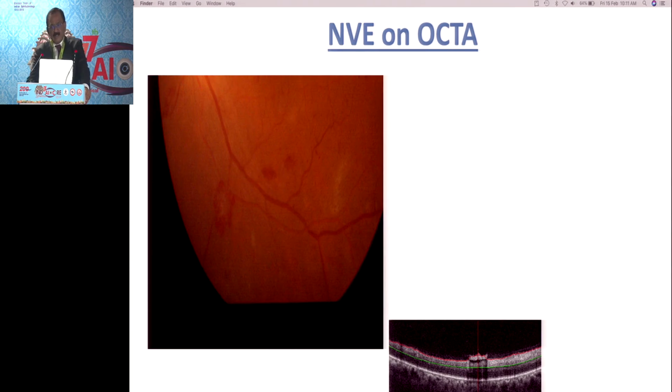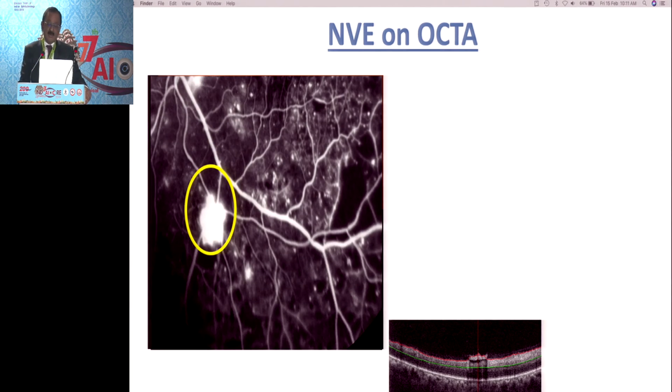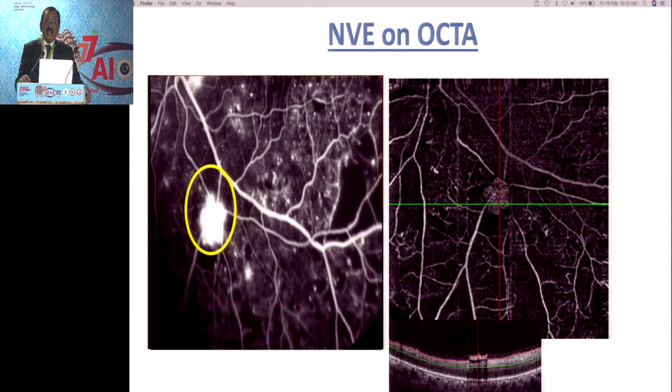To identify the NVE in this structure, where it's very, very subtle, you actually have to do a fluorescein angiography, whereas with the OCTA, you are able to look carefully. You will be able to see the new vessel membrane and the extent of the membrane, which gets hidden in the fluorescein.